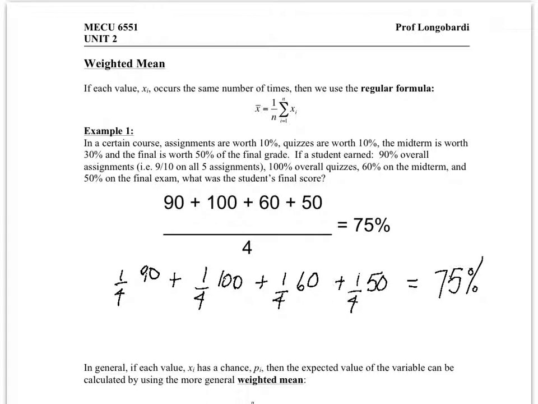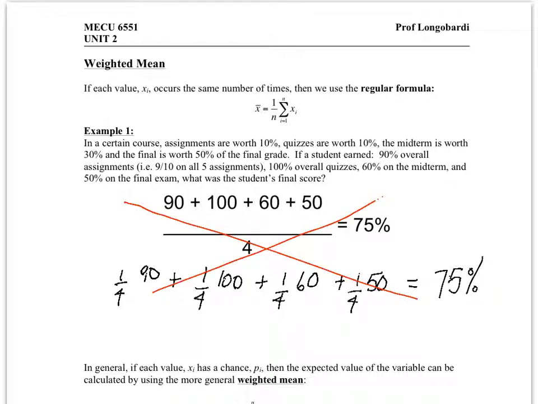In fact, I could, and this is implying that the regular average mean formula is just a special case of the weighted mean where all the weights are the same. Keep this in mind when we answer the actual question, where the weights are different.